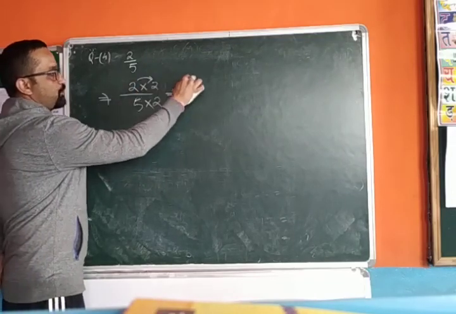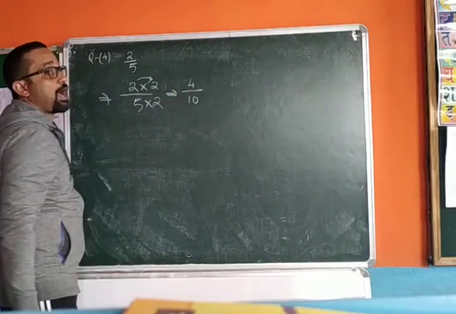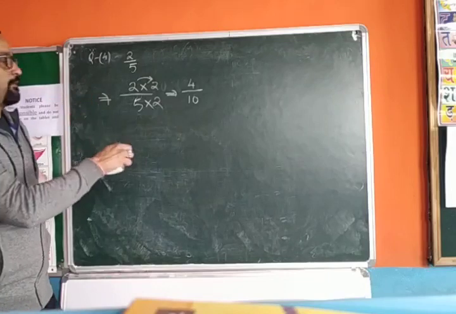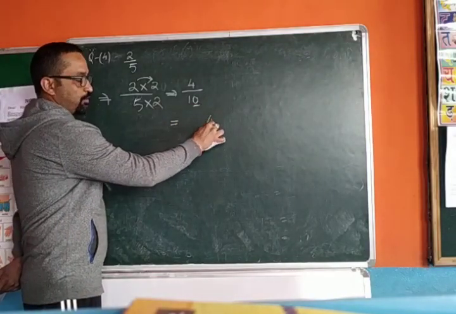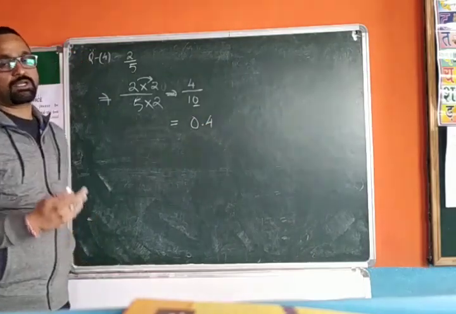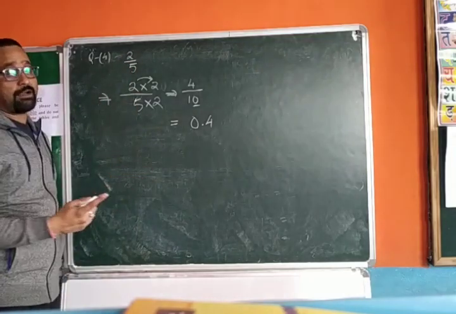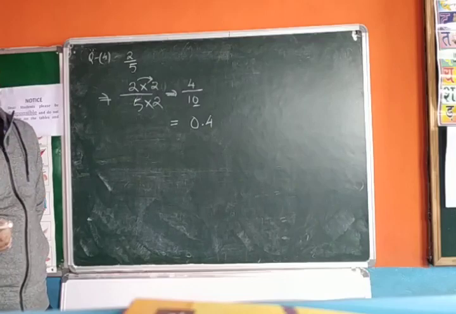Numerator multiplied, you get 4. 5 into 2 is 10. Now the denominator has changed to 10. Count 1 zero, so 1 place, decimal, 0.4. This is the conversion of a given fraction when we don't have denominator 10 or powers of 10.